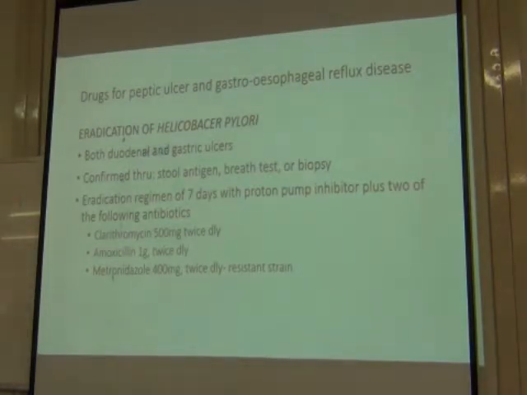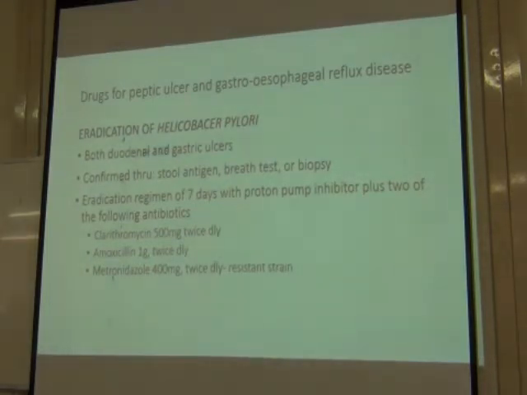Confirmation is through either they will use the stool of the patient and try to see if the bacterial antigen or byproduct is there, or they'll ask the patient to breathe into some test materials, or they can take a biopsy of the GIT mucosa to check to see if the bacteria is present there.